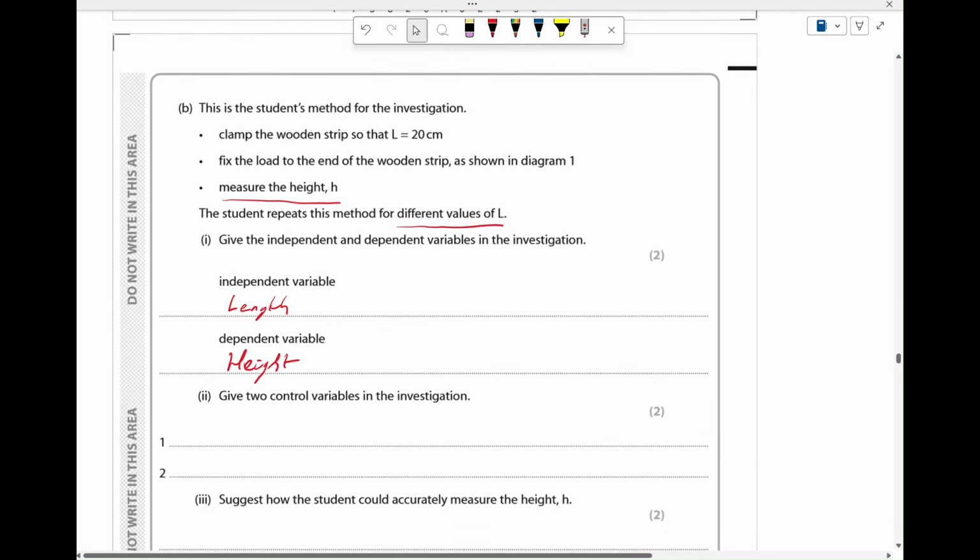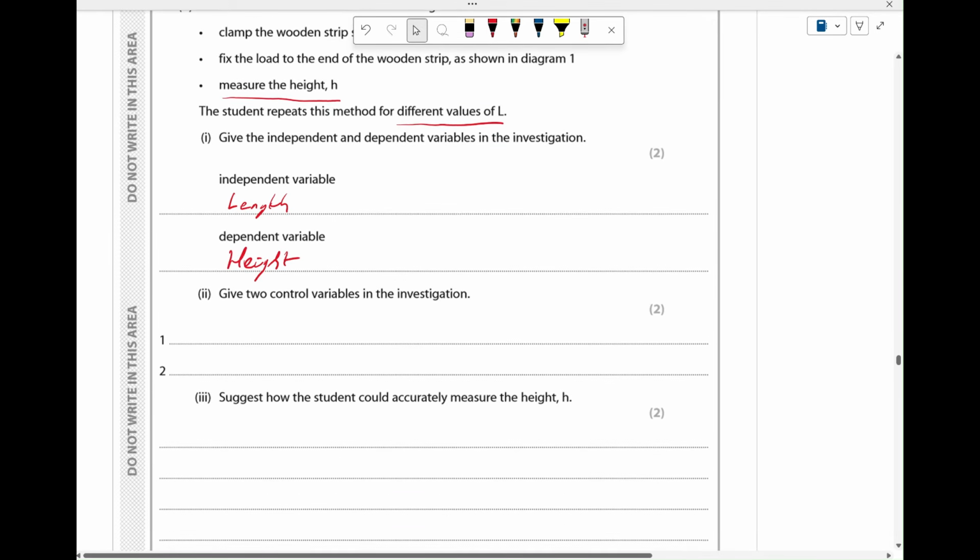The control variables are going to be everything else basically, so the mass that you're putting onto it, the bit of wood you're using, the thickness of the wooden strip, something like that.